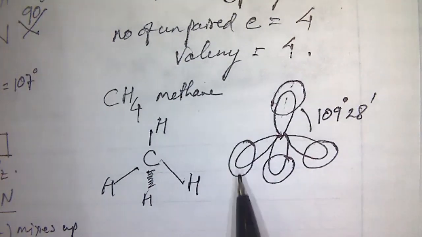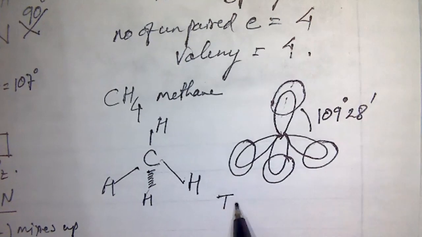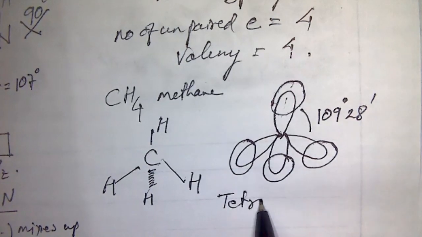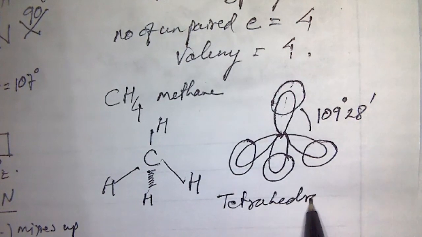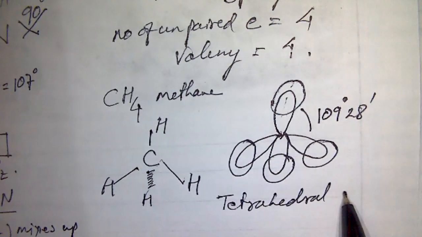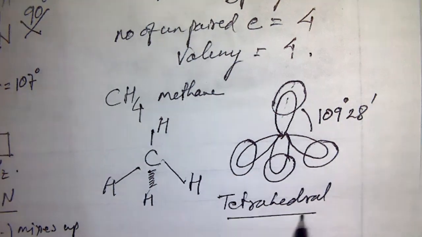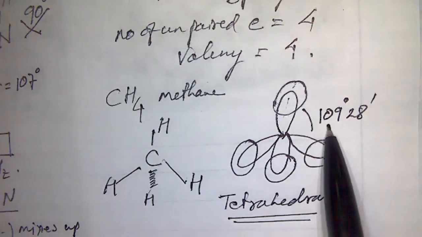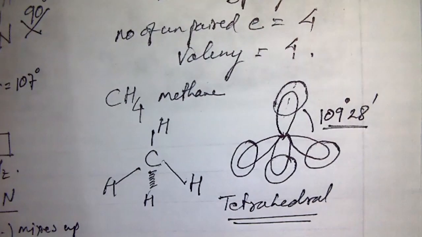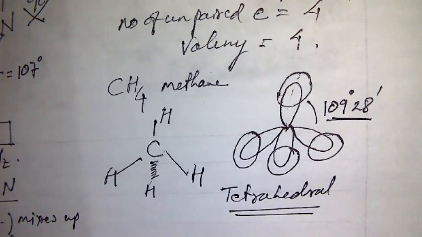So whenever sp3 hybridization takes place, the shape will be tetrahedral. So the shape is fixed, the angle is also fixed. Understood? The shape and angle, both of them are fixed.